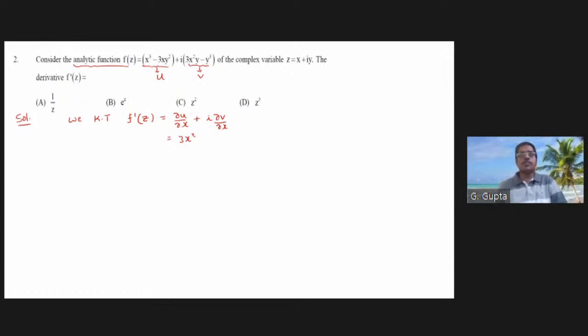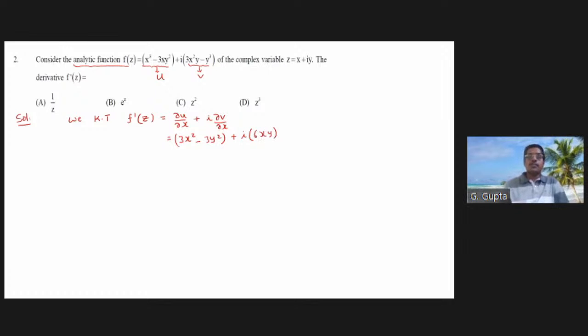For u, the partial derivative with respect to x: x cube gives 3x square, and 3xy square gives minus 3y square, plus i times ∂v/∂x. For v, the partial derivative with respect to x is 6xy, and y cube is constant, so 0.